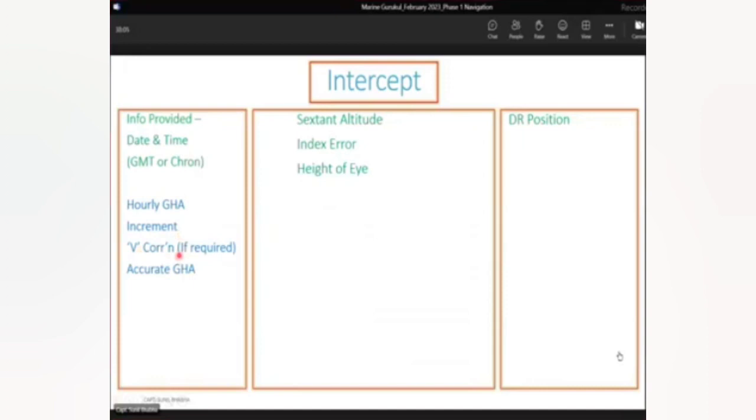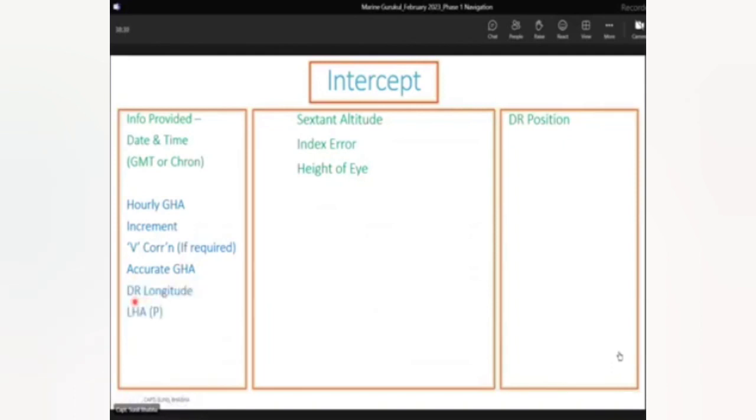V correction is required for planets and moon. So the hourly value of V correction is picked up from the daily page and its increment is taken from the increment table. Once all these three are combined, we obtain the accurate GHA of the body for that particular instant of time.